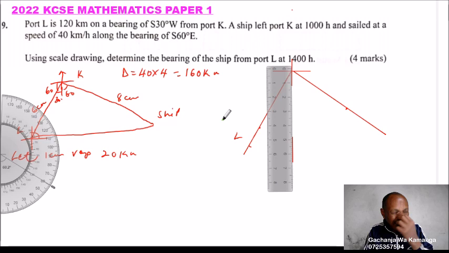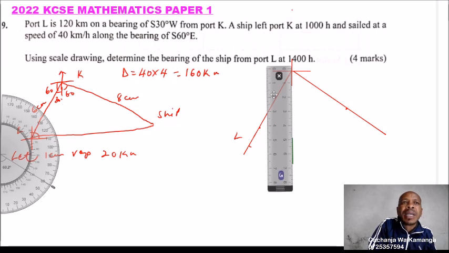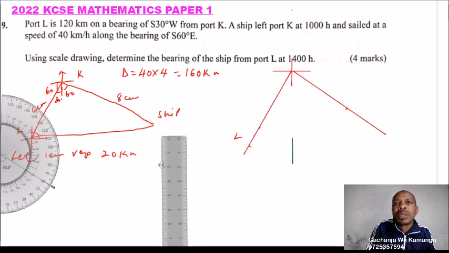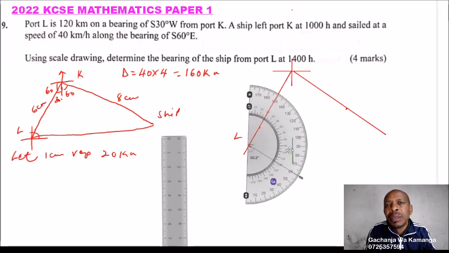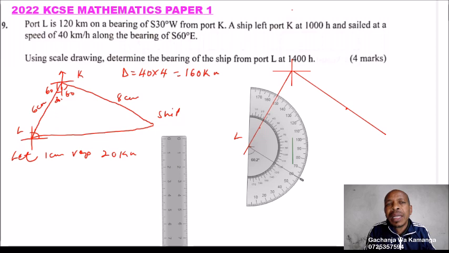We can use maybe a different color to help us not mix. Once you draw a line there, then you can use your protractor and draw. Use that point there, and we will be able to draw to get a point there.